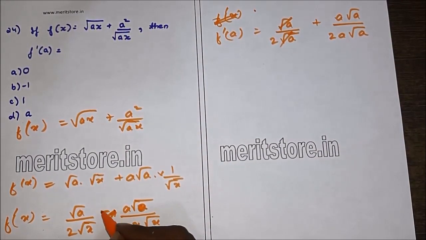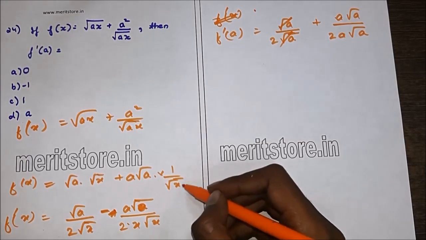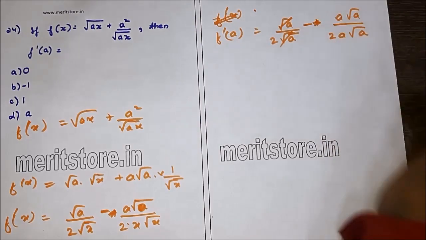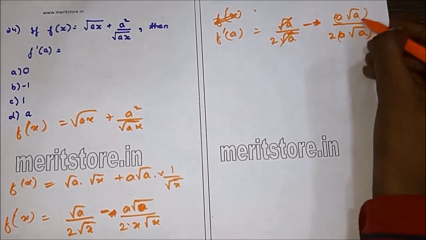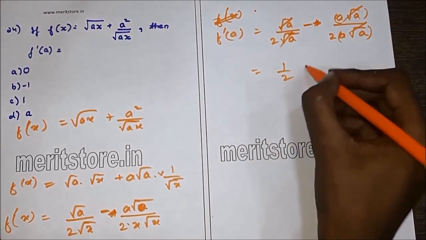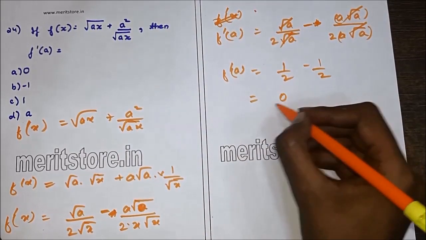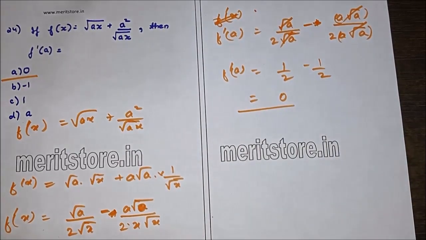There is a minus sign here. The differentiation of 1 by root of x is minus 1 by 2 x root x. So this is minus sign. We are left with half minus half, which is equal to 0. So the answer is A, 0.